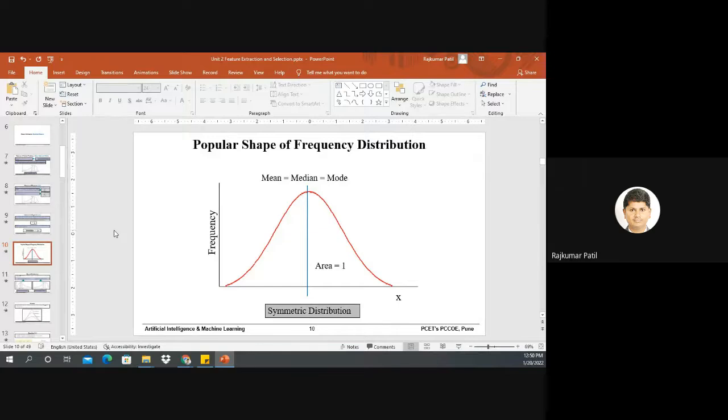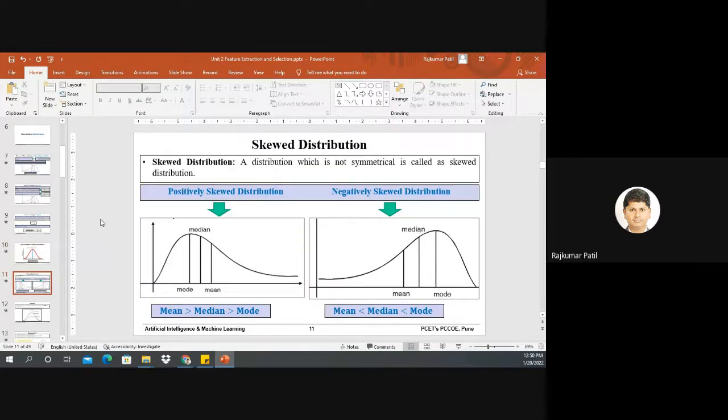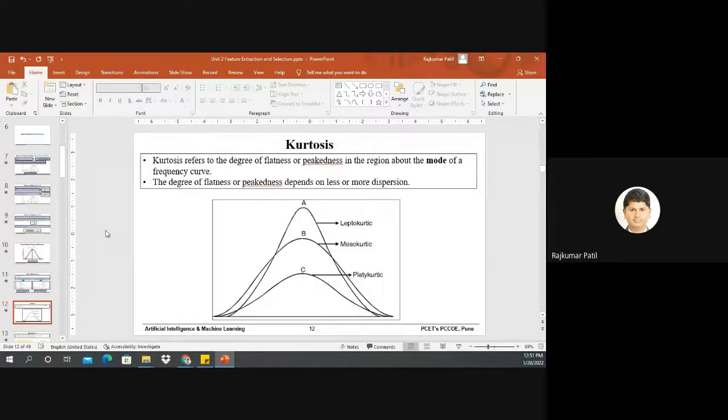Then we saw the standard or popular shapes of frequency distribution. Again, we saw skewness and how the interpretation is made using a skewed distribution. Then we saw kurtosis. Even though the mean of all the samples is the same, the shape is different, and that flatness or peakedness decides the end result.